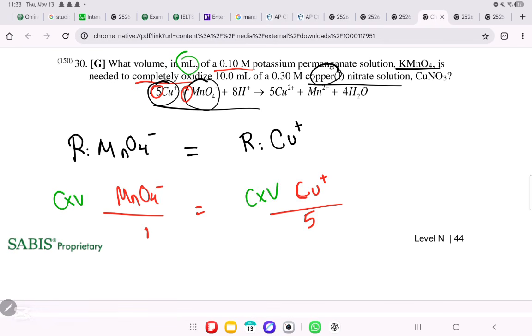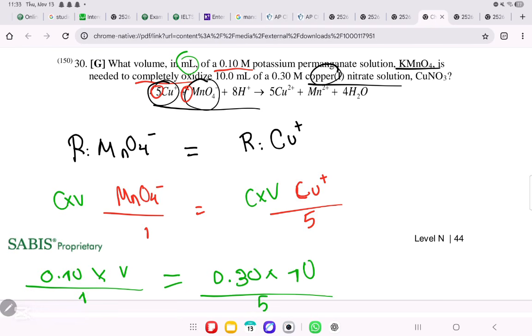So what's my concentration? It's 0.10 times the volume over 1, MnO4-, is equal to the concentration of Cu+, which is 0.30, times the volume, which is 10 milliliters, over 5. Now you just need to do cross multiplication to solve.